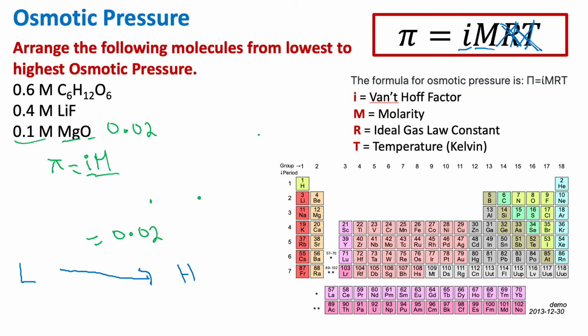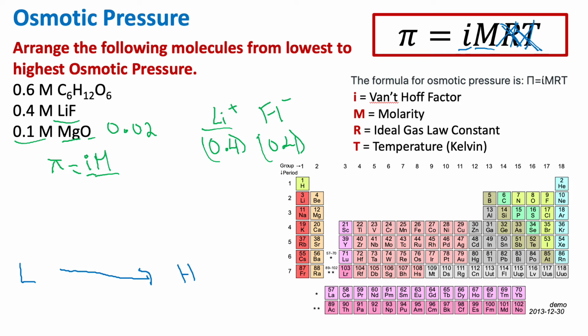Now let's take a look at lithium fluoride. Lithium fluoride is similar to magnesium oxide because once again, if we dissolve lithium fluoride, we're going to end up with lithium plus and fluoride minus. Since it's an ionic compound, it's going to dissociate and we're going to get 0.4 lithium and 0.4 fluoride. And how much stuff do we have?